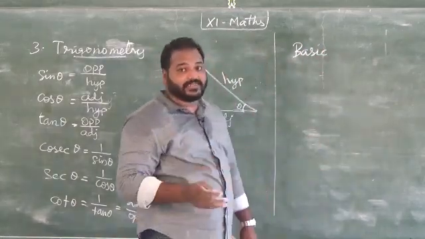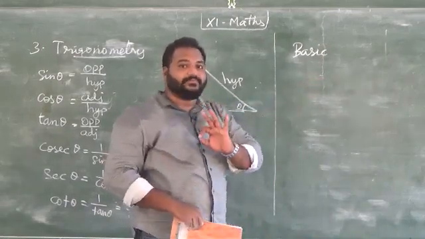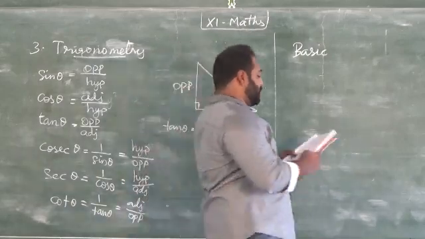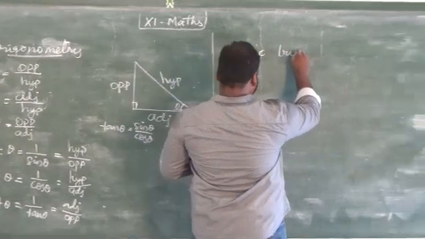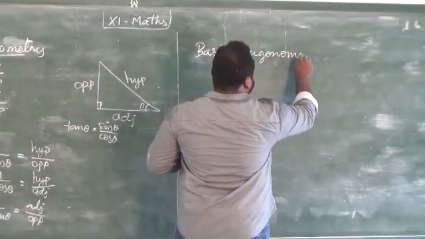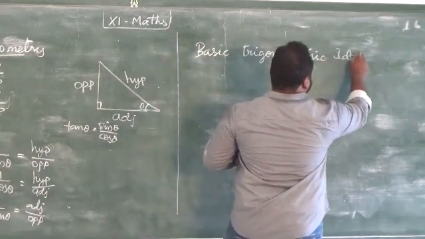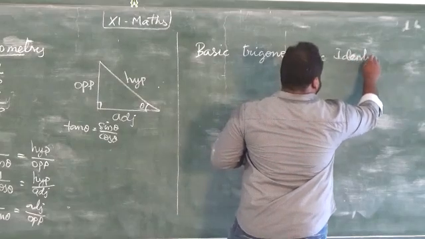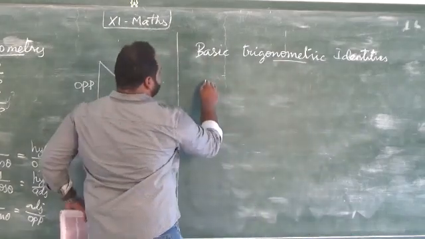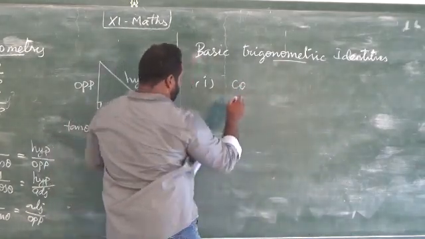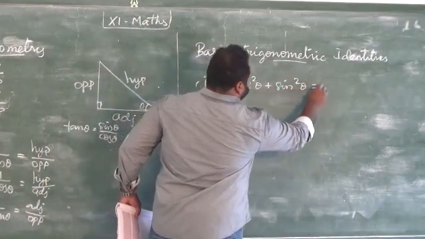We have a lot of identities in this chapter. The first one is the basic trigonometric identity: cos square theta plus sin square theta equal to 1.